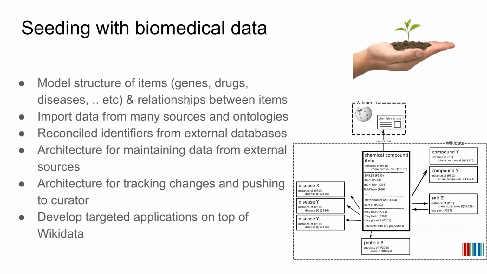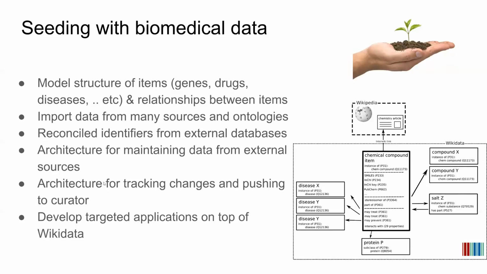So what we've done is model the structure of various items in Wikidata, which I'll talk about a little more on the next slide, import data from many different sources and ontologies, and reconcile many identifiers from external databases.